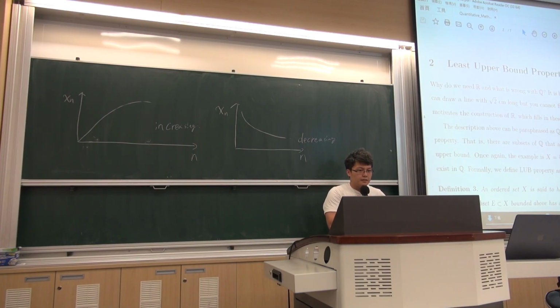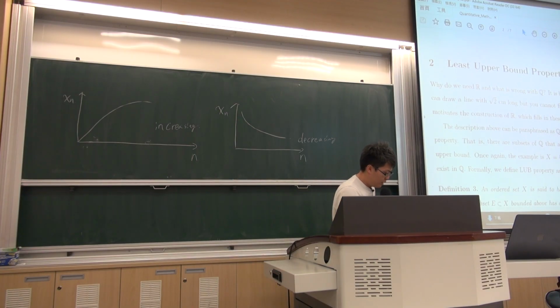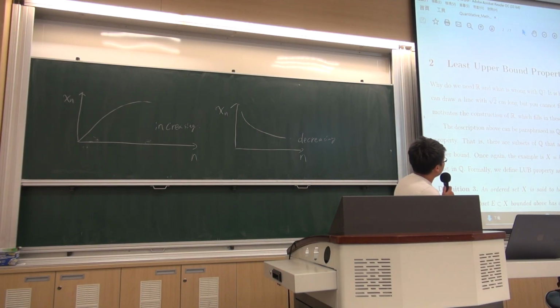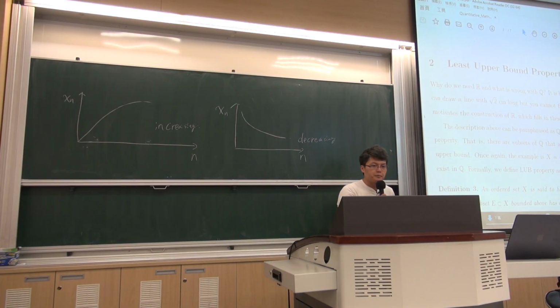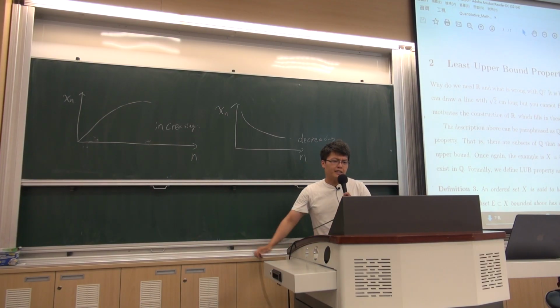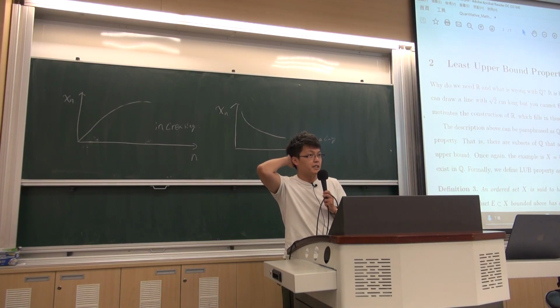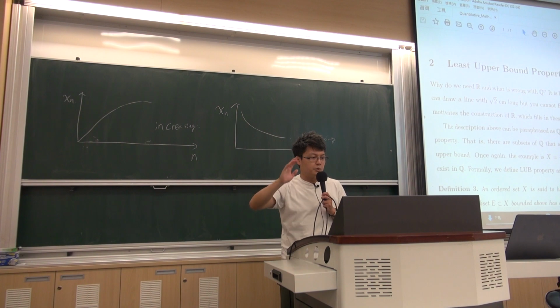Then is the least upper bound property here. To talk about this one, I think it is better to know why we are going to talk about this property. In my point of view, I will ask this question: why do we need the real line, like real numbers, instead of just sticking with the rational numbers? The reason is that there are a lot of holes in the rational numbers, even though we have infinitely many rational numbers.